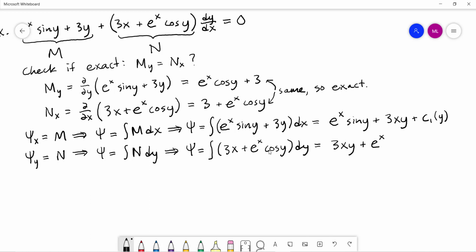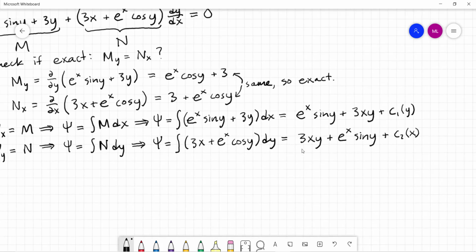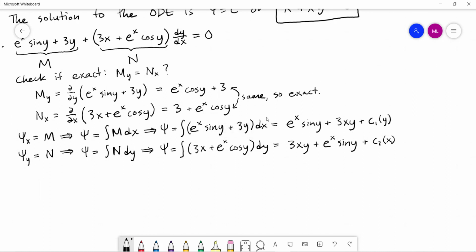And we just need to know the integral of cosine of y. Well, the integral of cosine is sine of y. And then again, we could potentially get some portion of this that's either a constant or something that's just a function of x because we integrated with respect to y. So we've got our two guesses for psi. They're sitting right here. We should go through and match things up.